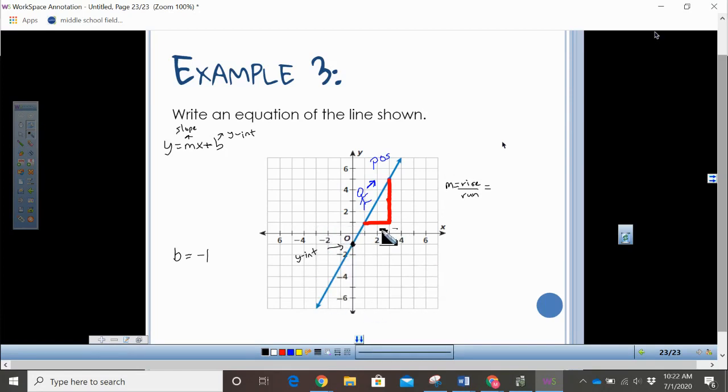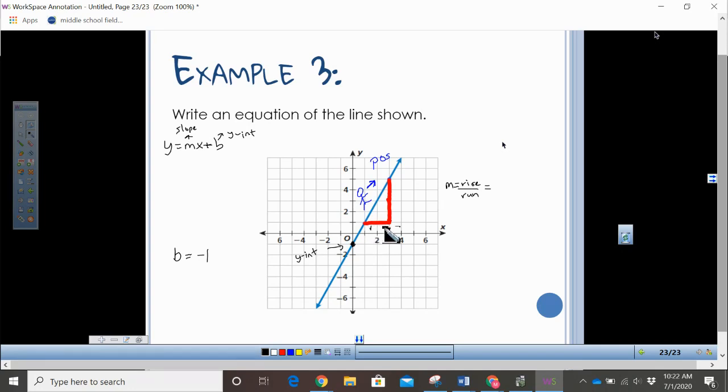Once I have my right triangle drawn, then I can count my boxes to see what my rise and run should be. Now, it's important to note that you do want to make sure that you pay attention to the scale. So on my scale, I am counting by 1, so that means each one of my boxes is going to count as 1.